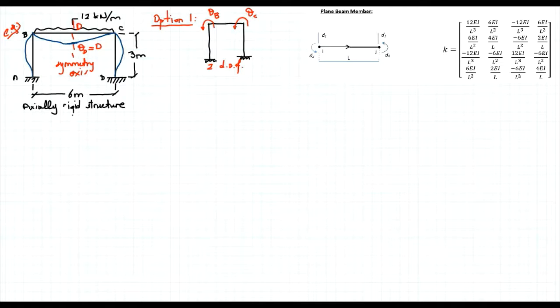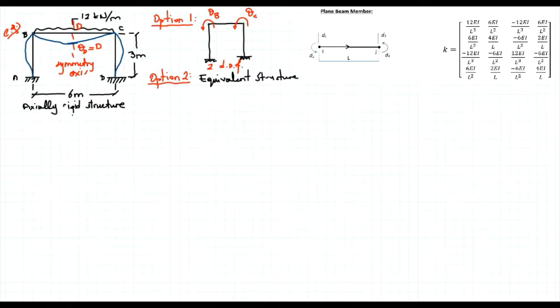That's one approach. The second approach, let's call it option 2, is to write down the equivalent structure, as behavior-wise they behave the same. At the middle of the structure, the middle will be free to translate, but at the same time, the rotation must be equal to 0.